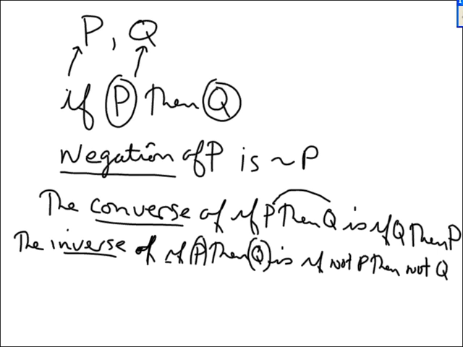Okay, the inverse of if P then Q is if not P then not Q. Now we have the contrapositive.